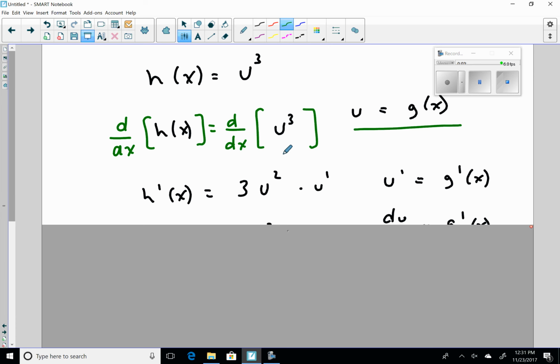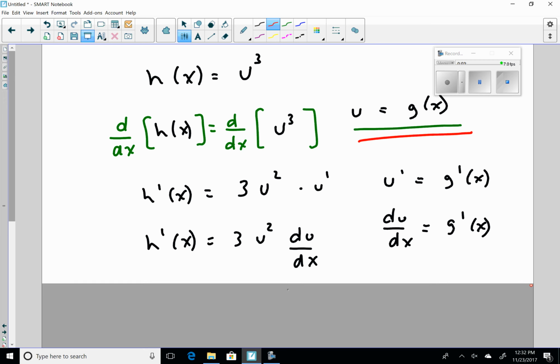Here the outside is u cubed, something cubed, is going to be 3u squared times u prime, where u is this function of x, and u prime is g prime of x. And as we did before, we can certainly easily call u prime du dx because u is this function g of x. u is a function of x. So if I'm talking about u prime, I certainly can talk about du dx.